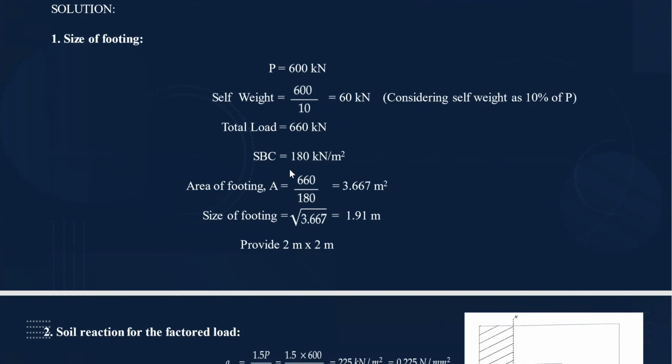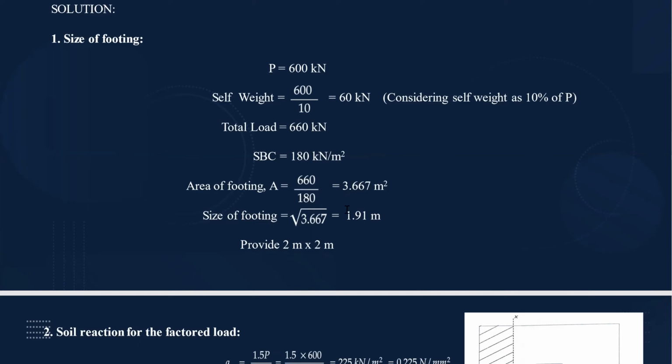Safe bearing capacity is again given in the question, which is 180 kilonewton per meter square. So the area of the footing, capital A, is equals to 1.1 times P divided by safe bearing capacity. That is, total load 660 divided by 180, which comes out to be 3.667 meter square.